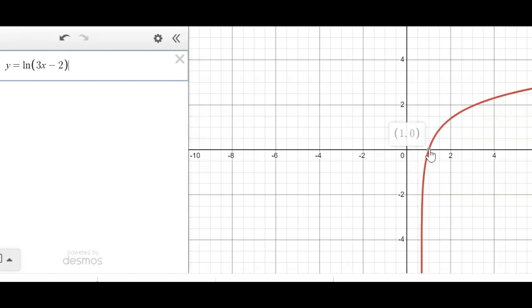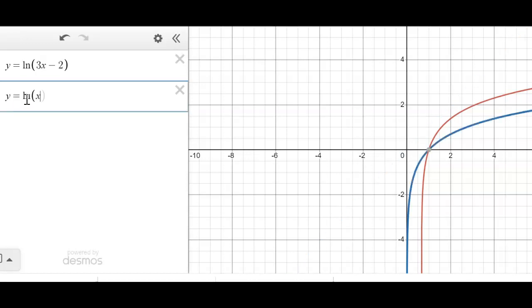Okay, so there's our x-intercept there at 1, 0. On Desmos, it doesn't show the asymptote, but you can see it's shifted compared to your natural log graph. The blue is log base e of x, and the red has been transformed.